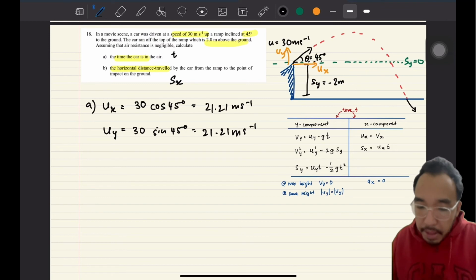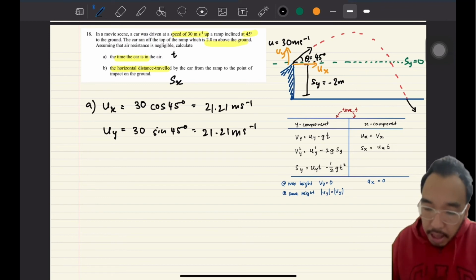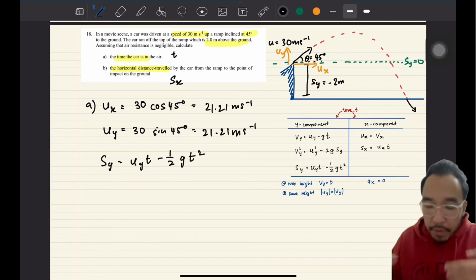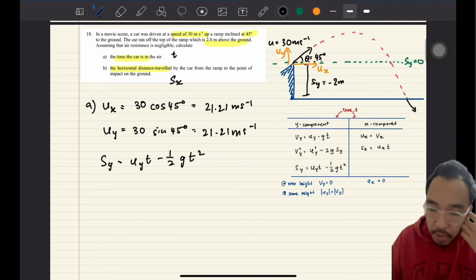Now, for the time in the air, I can use the third formula there: Sy equals Uy t minus half g t squared. Whenever you substitute, always ask yourself whether it's a positive or negative value. In this case, Sy will be negative 2.